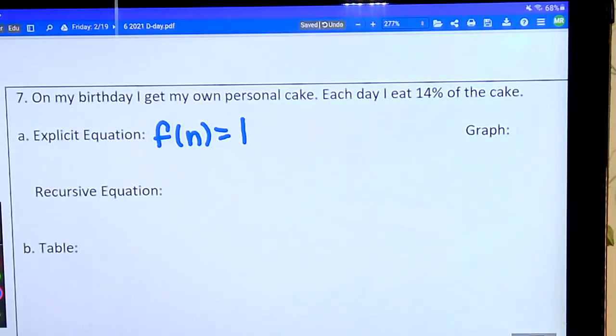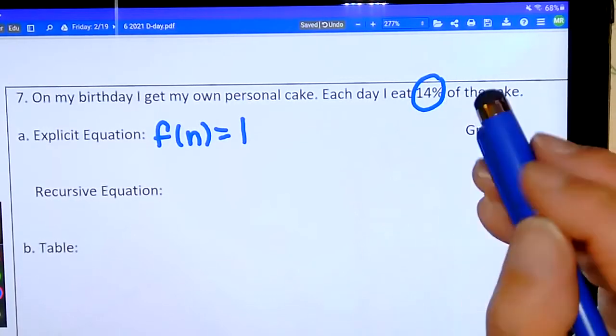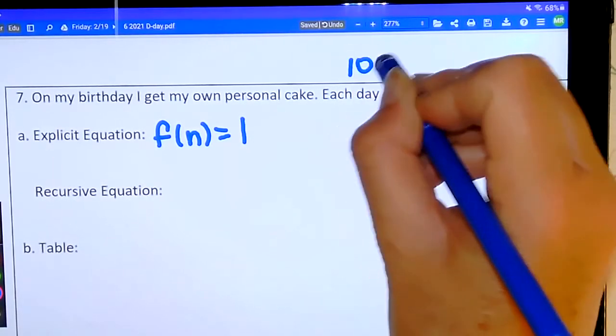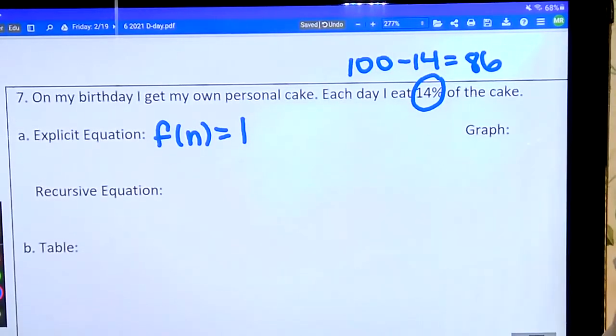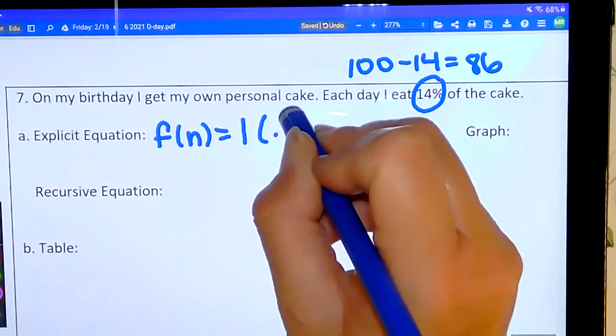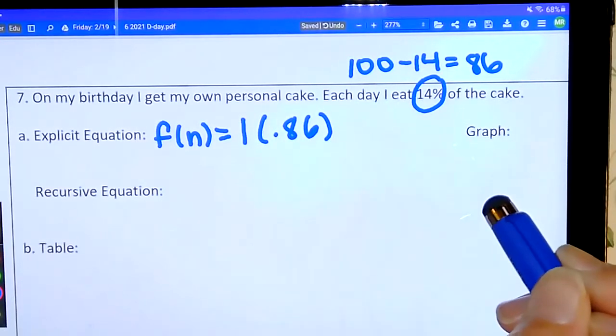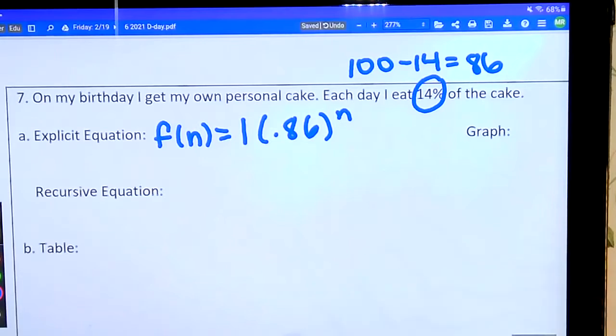We're starting with a whole cake, 1, and each day we eat 14%. So if we eat 14%, how much is left? Well, we take 100 minus 14, which is 86. So this is going to be times 0.86, raised to the power n. That's going to be our explicit equation.